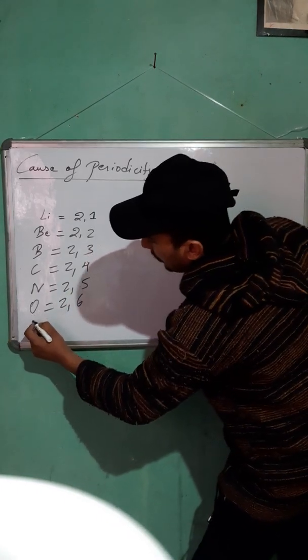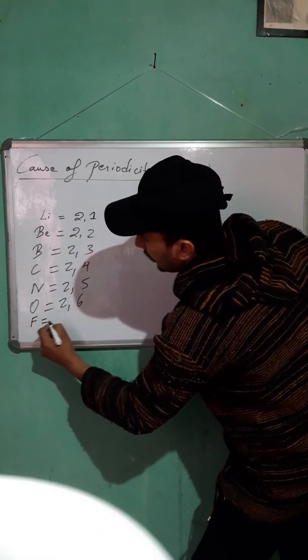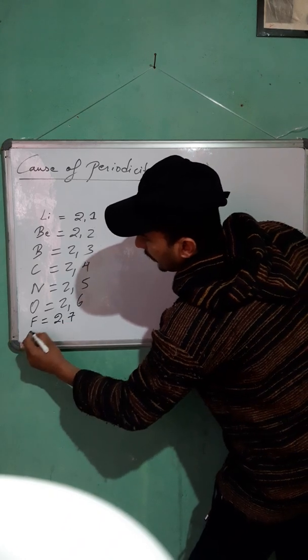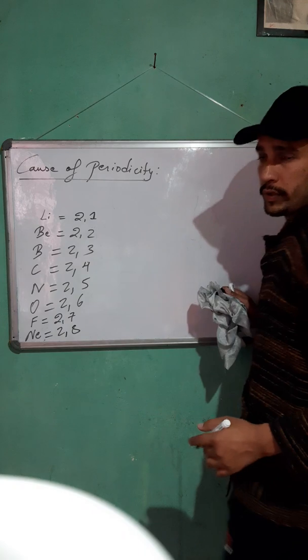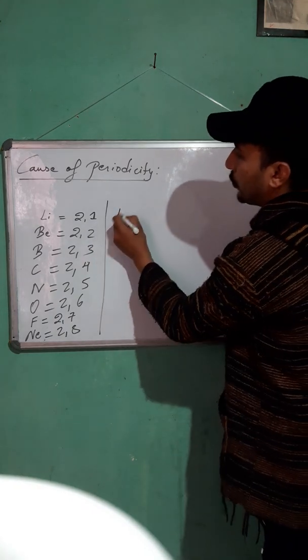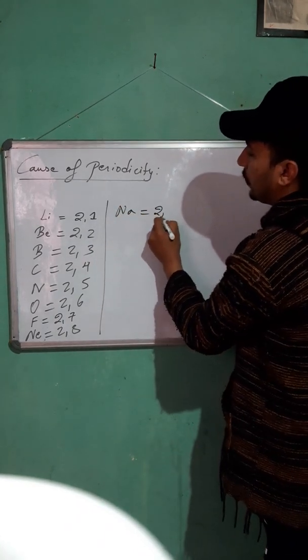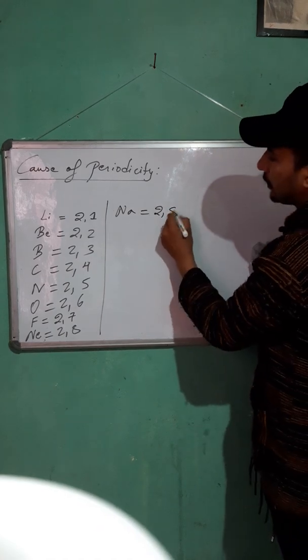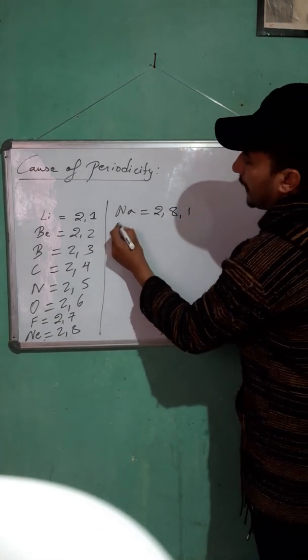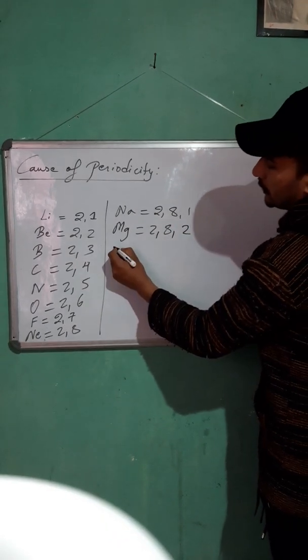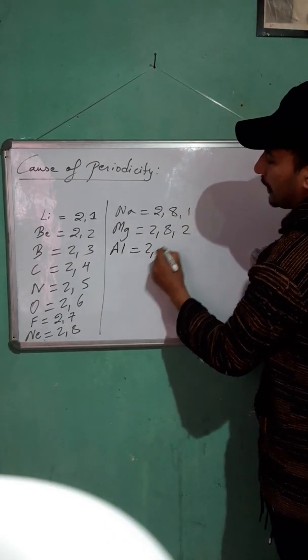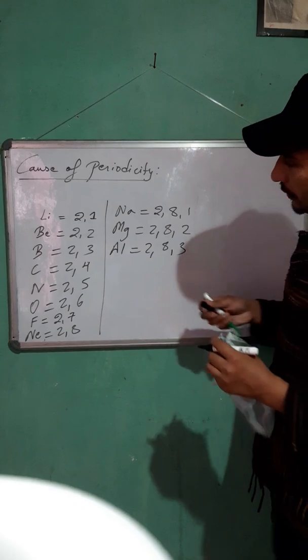After that we have fluorine 2,7, after that neon 2,8. These are the electronic configurations. Okay, next we have sodium, which is 2,8,1, next magnesium is 2,8,2, aluminium is 2,8,3.